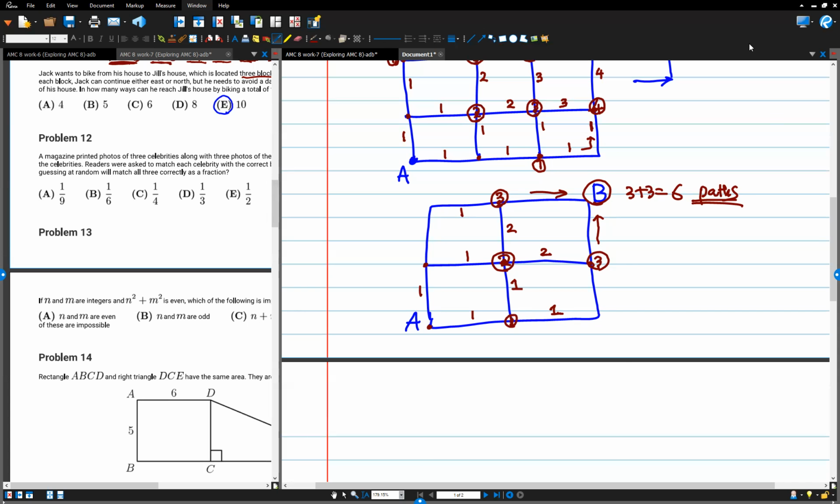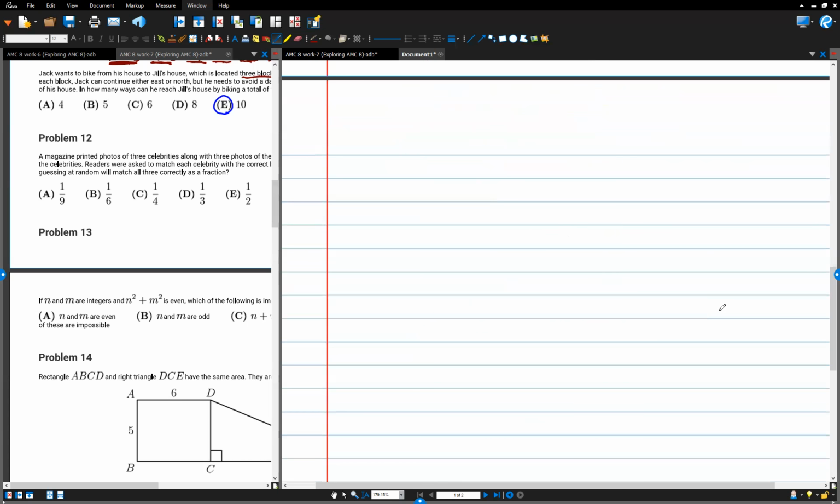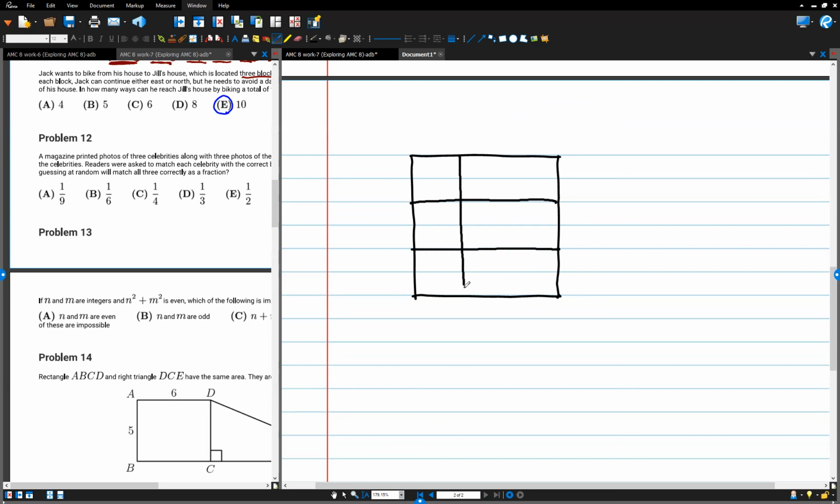Okay, 3 by 3, right? We already know that 3 by 3 is 20 different paths. 3 by 3, okay? Using some other method. All right, this is a horizontal line we label A. This is also A. The length is all A, right?